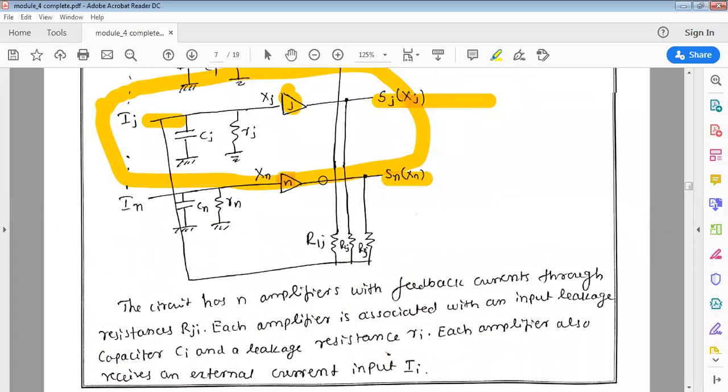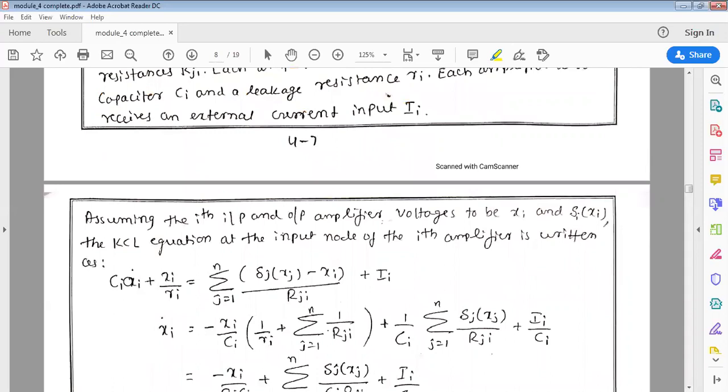Current through the capacitor is proportional to the rate of change of voltage across the capacitor. Therefore, this is Ci dxi by dt, or Ci into xi dot, for i equal to 1 to n.